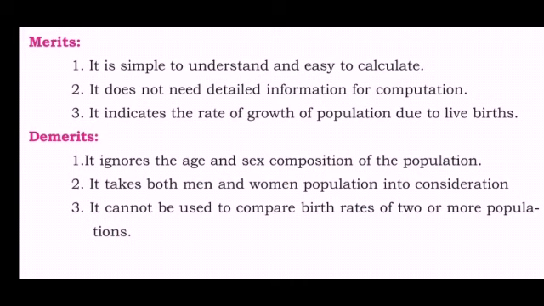So it's very easy and simple. Then it does not need detailed information. We don't need to know how many females are there, how many males are there, how many childbearing age females are there. We don't need them all. If we just have information on total population and live births, we can calculate here, and it is not necessary to get detailed information.